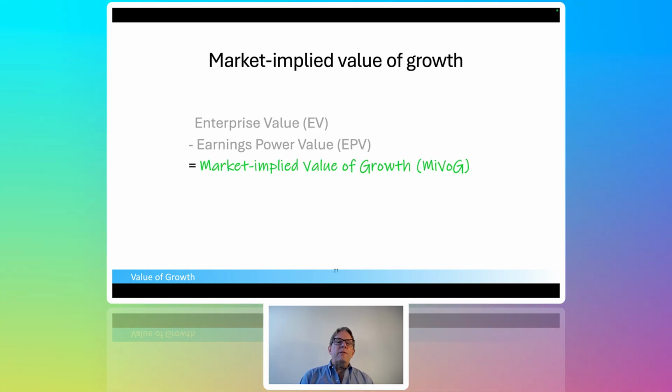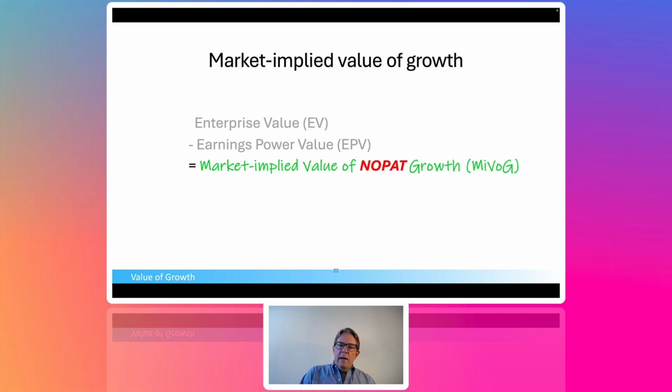We're obviously left with a phrase I like to call, and we'll use this the rest of the lecture series, the market-implied value of growth, MIVoG. And it's very important to understand that this is the value of NOPAT growth, the market-implied value of NOPAT growth. So this is essentially a present value of all of the cash flows that come from growth. And as I talked about a moment ago, this is the consensus estimate value of growth.